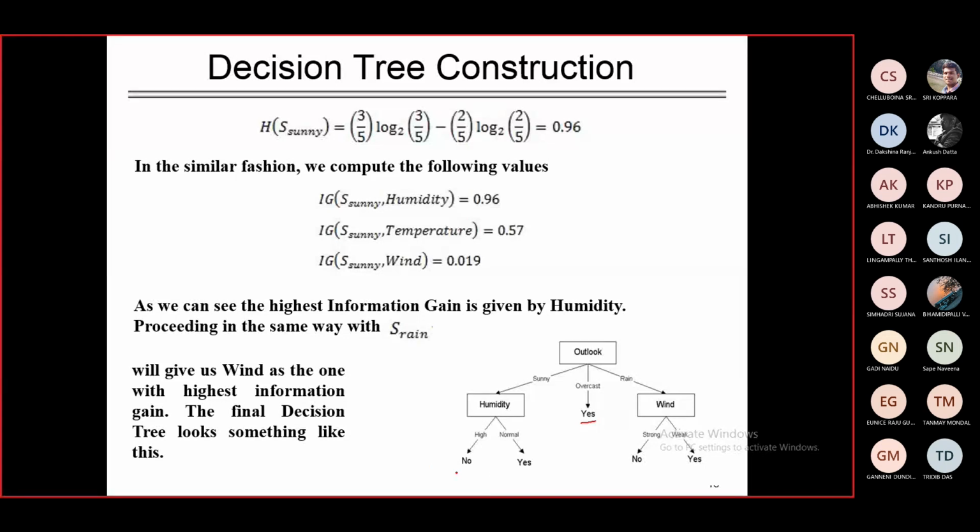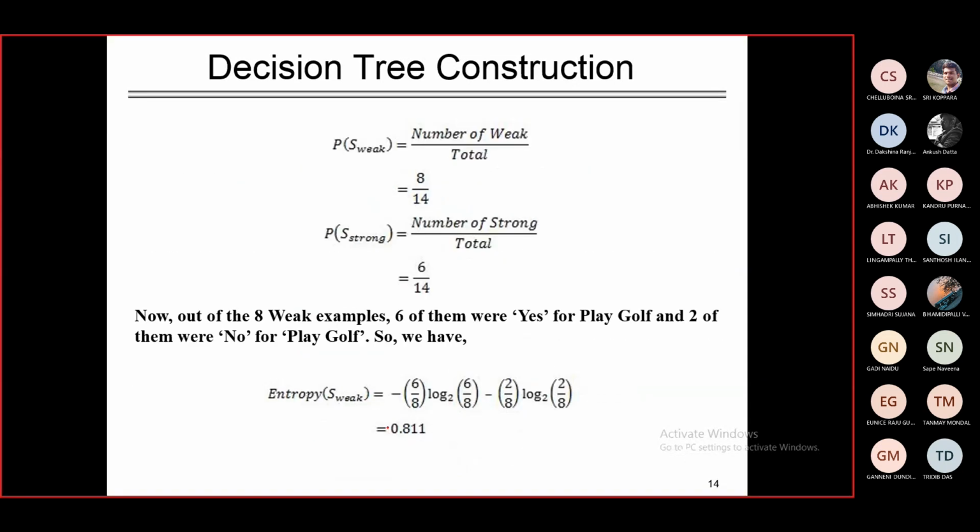If it is a binary classification labeled yes or no, then you will reach either yes or no, depending upon the values of the different attributes.